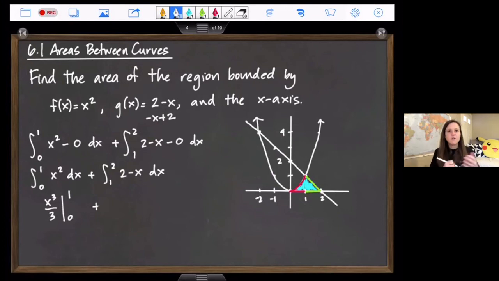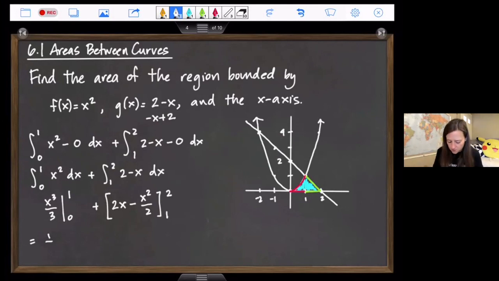And then we'll come over here and find an antiderivative here. So I've got antiderivative of 2 is 2x minus antiderivative of x is x squared over 2. And we're going to evaluate these two from 1 to 2. And you could work these two integrals out separately and then kind of put them together at the end. That would be fine as well. All right, so x cubed over 3, we're going to plug in 1.